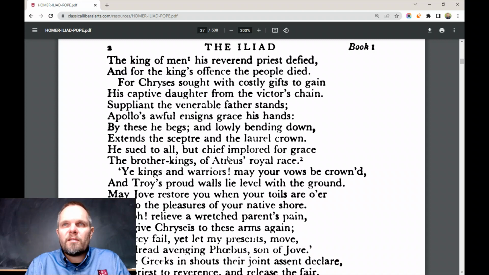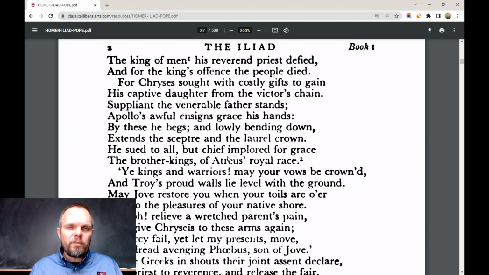This priest, who is a reverend priest of Apollo, so let's think about this first. He himself is to be revered, and yet he comes with costly gifts, humbles himself before the feet of Agamemnon, and he begs. He begs for his daughter, and it says, Apollo's awful ensigns grace his hands.